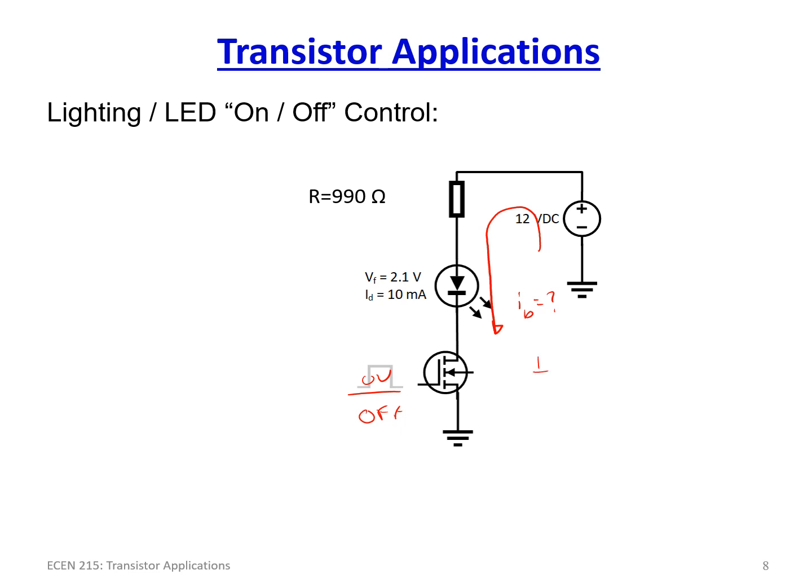The answer is 0 amps. The reason is that if this is off, this resistance is in the megohms. There is no current flowing through this transistor, which means there's no current going through the resistor and no current going through the LED, so ID is equal to 0 milliamps.